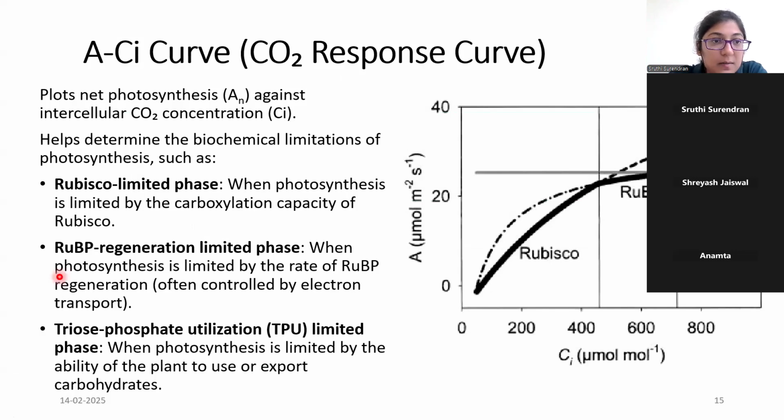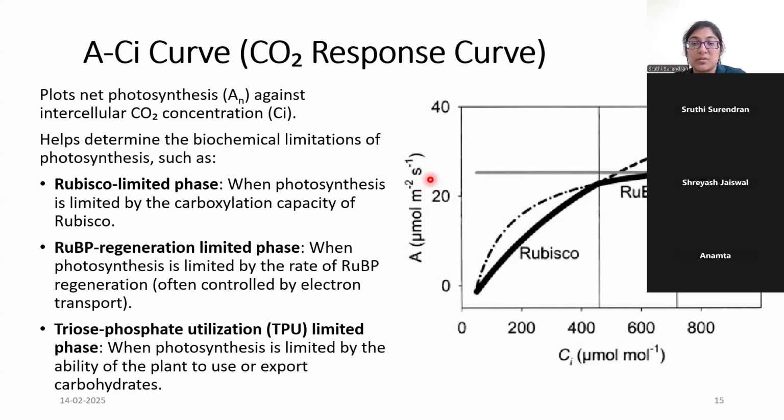The ACI curve is the plot of photosynthetic rate against intercellular carbon dioxide concentration. It is a graph that gives us, not the rate of photosynthesis exactly, but the net carbon dioxide uptake with varying levels of intercellular carbon dioxide concentration.